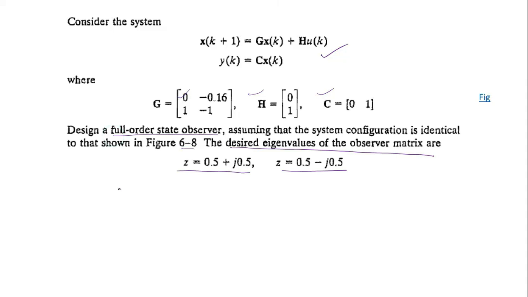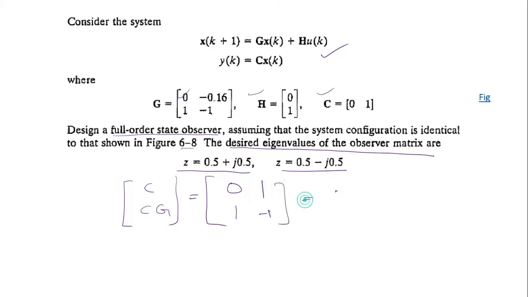First thing you need to do is check the observability. Since it's a 2 by 2 matrix, since there are two states, the observability matrix is C, CG. So C is 0, 1, and C into G is 1, minus 1.